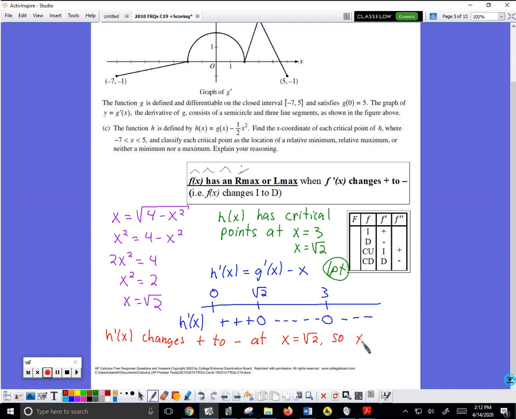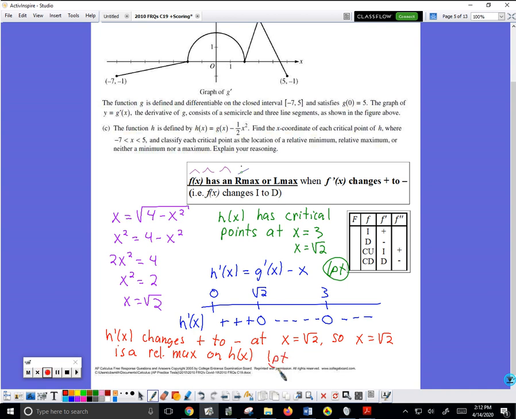So x equal root 2 is a relative max on h. If I write that out, they'll give me 1 point.